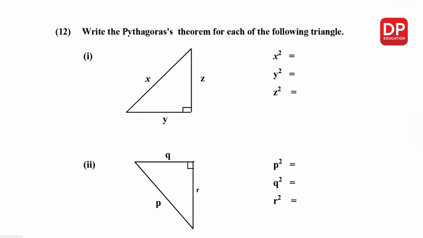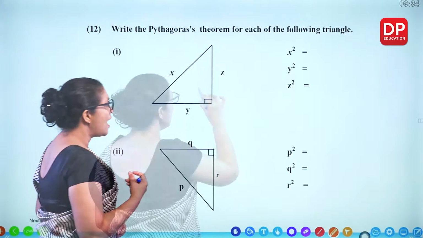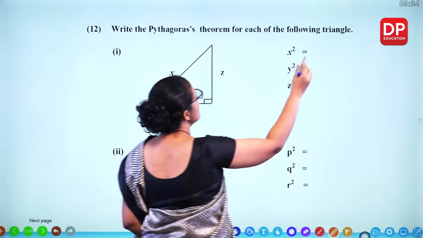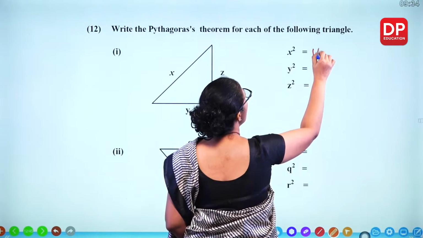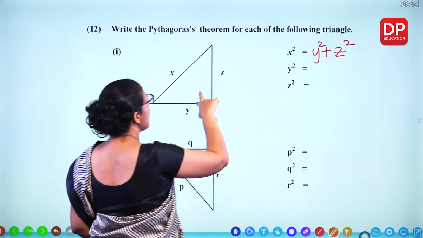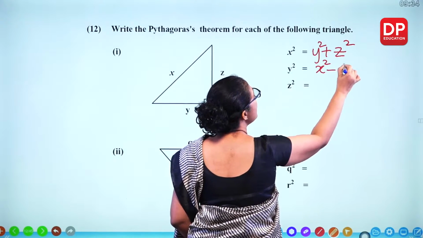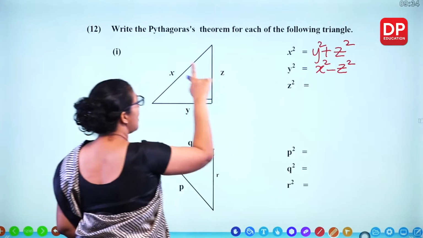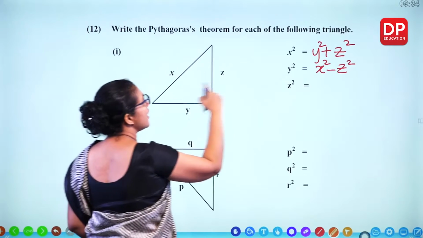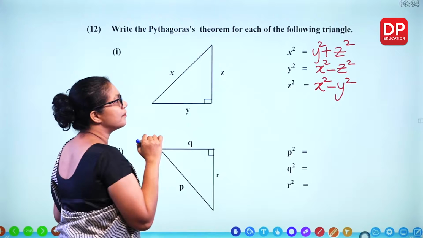Write the Pythagoras theorem for each of the following triangles. So what's x squared? X squared is the longest side. X squared is hypotenuse. So x squared is equal to y squared plus z squared. Then how can you find out y squared? X squared minus z squared. How do you find z squared? X squared minus y squared.